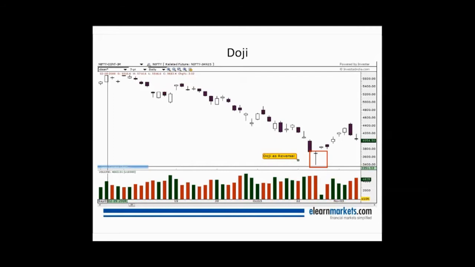Now how do we get price confirmation? When the prices cross the doji high, it is indicating that bulls are back in action, and hence we get a price confirmation. So if the doji high is crossed, we can enter into a trade keeping the doji low as the stop loss.